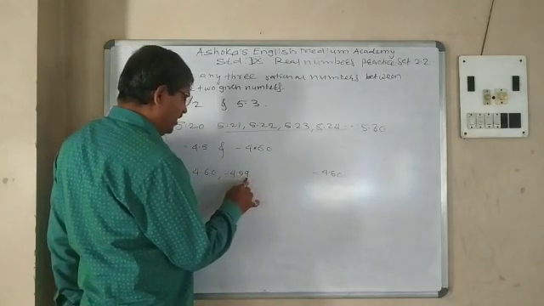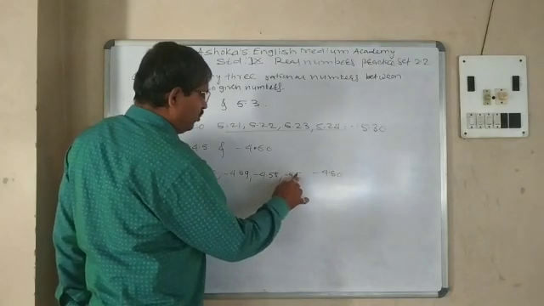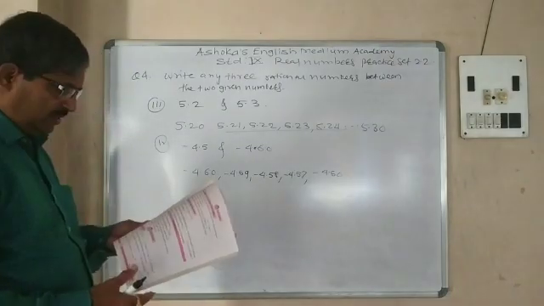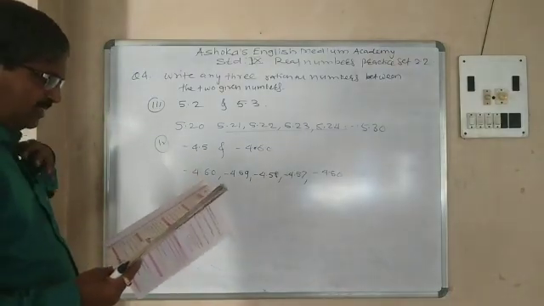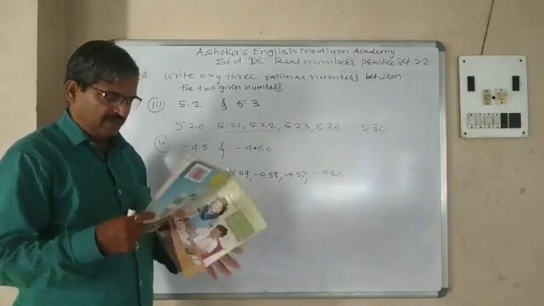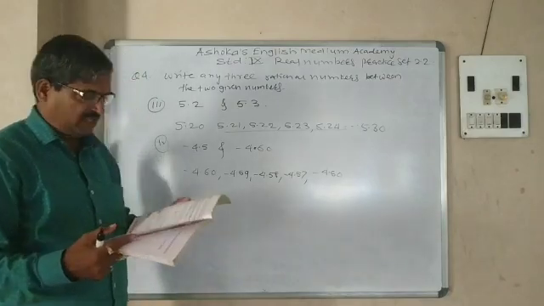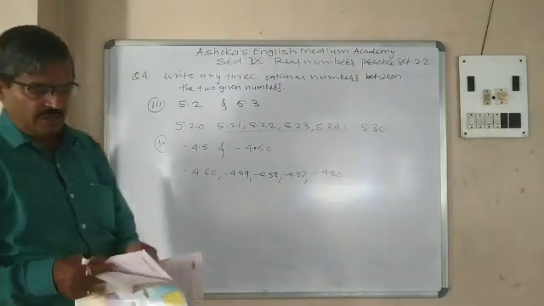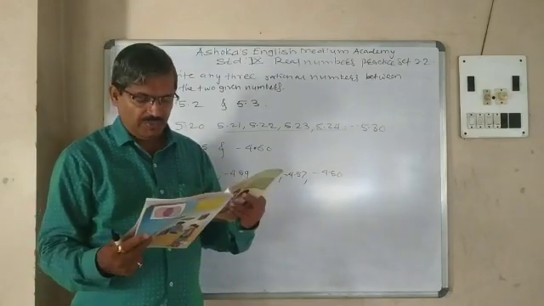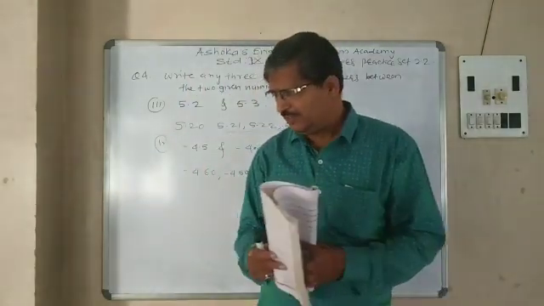Minus 4.59, minus 4.58, minus 4.57 onwards up to 50. Understand? By this way, exercise 2.2 is completed, only one question is remaining: represent the numbers root 5 and root 10. We will take it afterwards, because it needs a compass box, and only then can we solve it. Otherwise it is difficult.